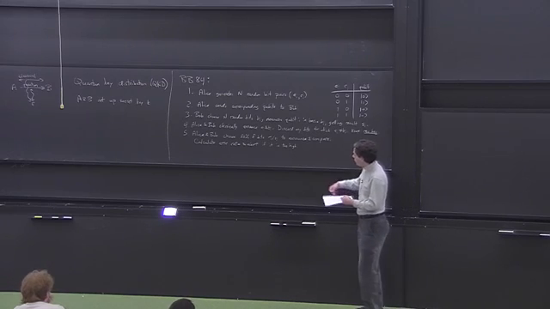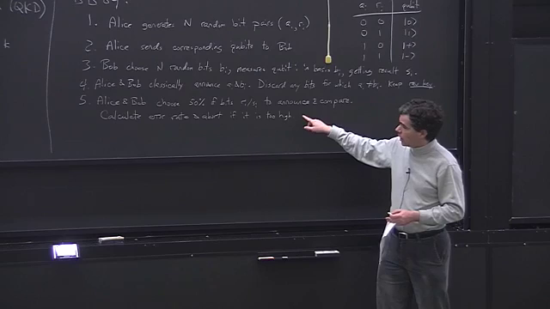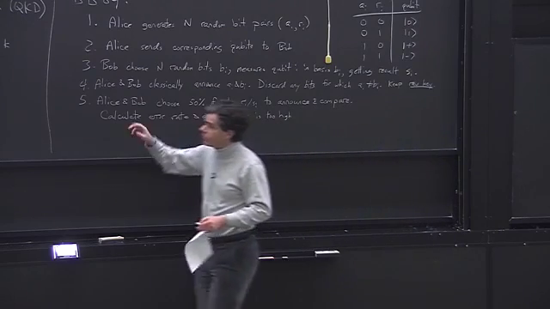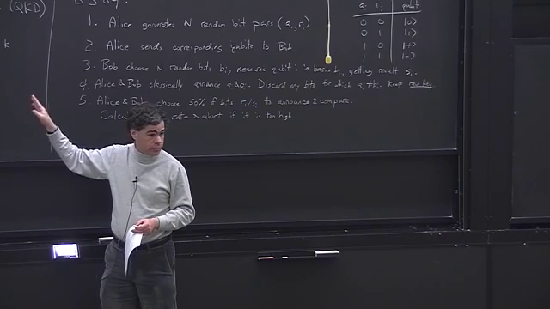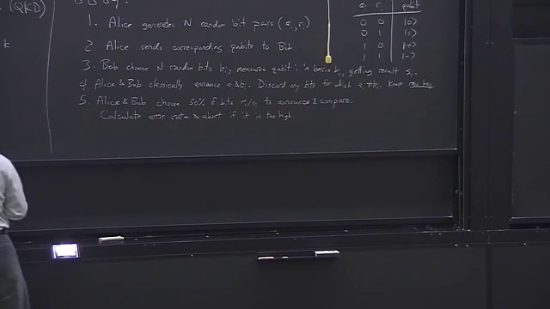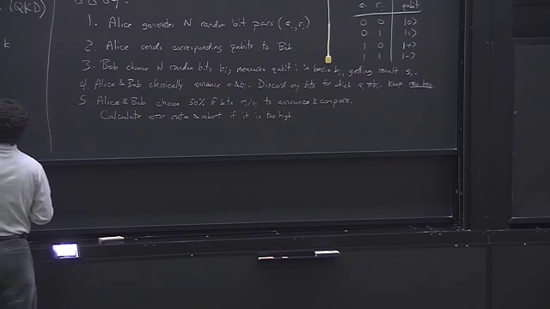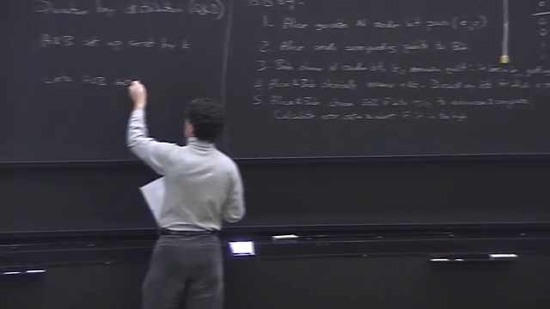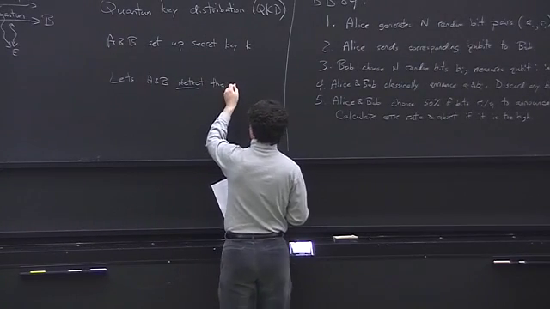So the thing about this is that what quantum key distribution does, it doesn't automatically generate a secure key. Instead, it lets Alice and Bob detect the presence of an eavesdropper.